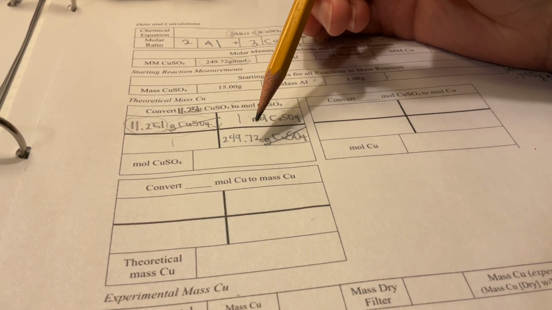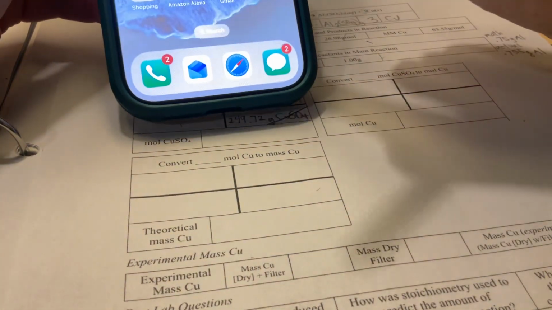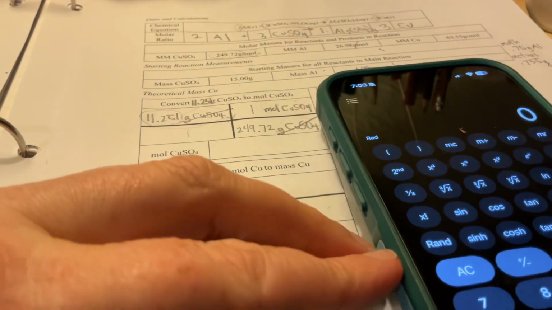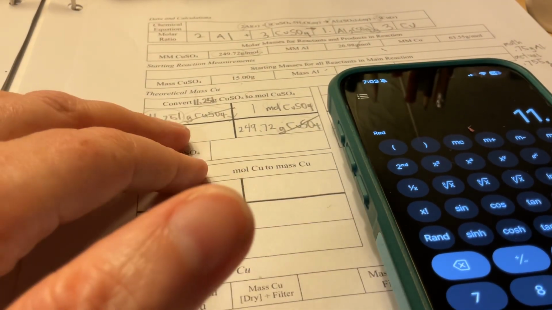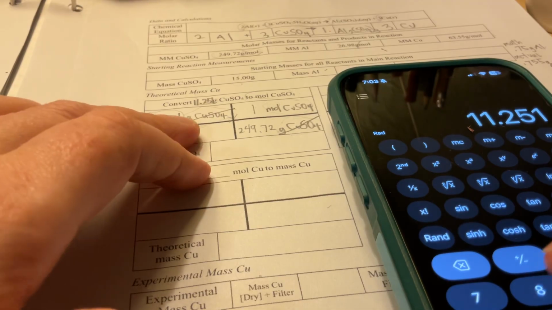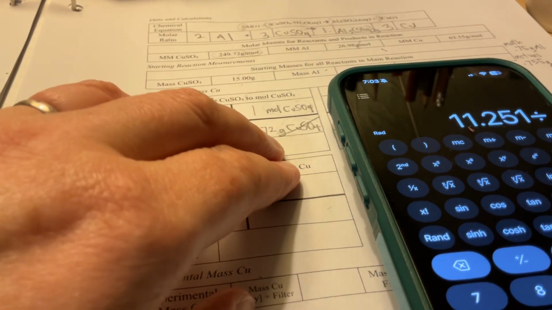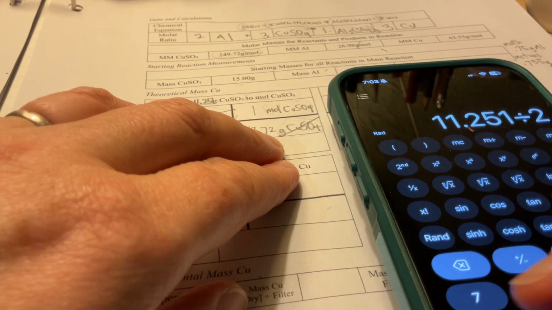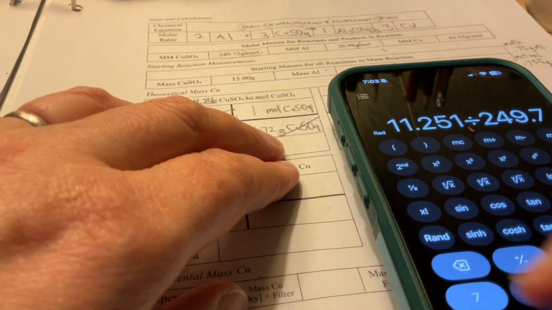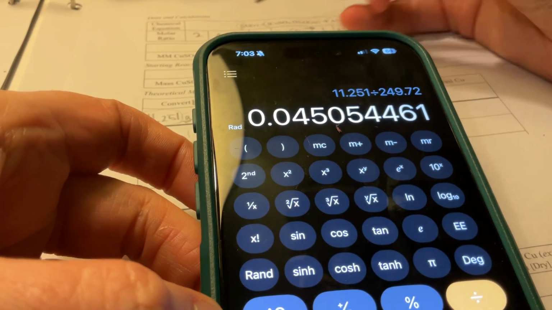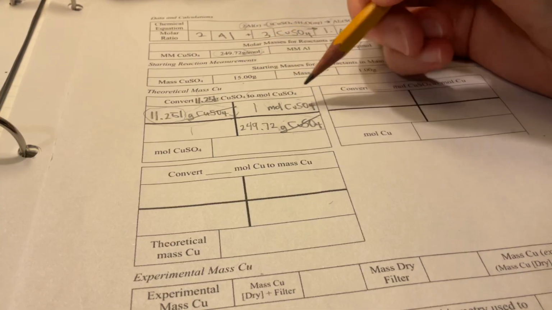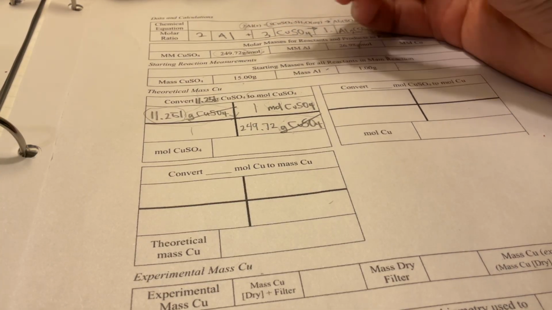Let me do that on my calculator right here. 11.251 divided by 249.72 equals 0.045. I'm doing it to 3 digits because that's what our scale does.